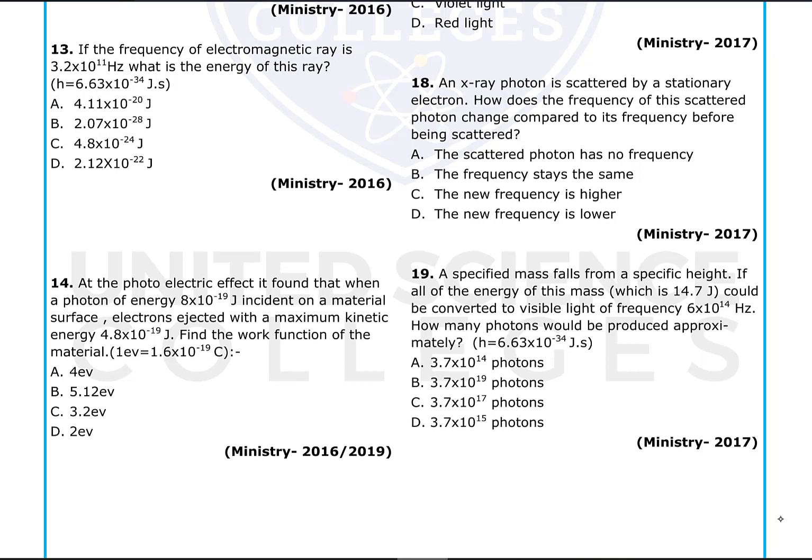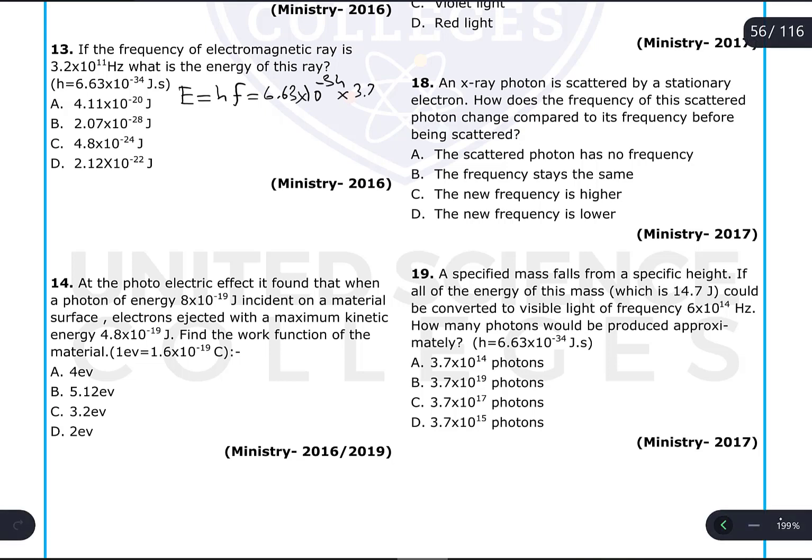Question number 13. If the frequency of an electromagnetic ray is 3.2 times 10 to the power of 11 Hertz, what is the energy of this ray? It's very easy, you just multiply. Energy of photon is equal to h times f. h is 6.63 times 10 to the power of negative 34 multiplied by the frequency, 3.2 times 10 to the power of 11.